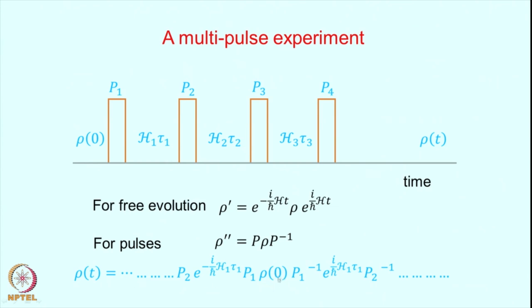You start with rho of 0 and you apply a pulse P1, the transformation happens as P1 rho 0 P1 inverse, and this density operator now becomes the time t equal to 0 for this portion of the evolution, and then it continues here, represented by e to the minus i by h cross H1 tau 1 and e to the i by h cross H1 tau 1. Now this whole thing becomes the time t equal to 0 so far as the pulse P2 is concerned, and this is how it continues.